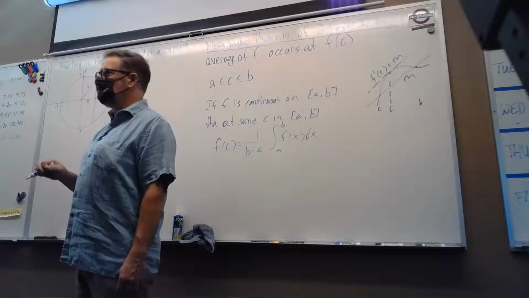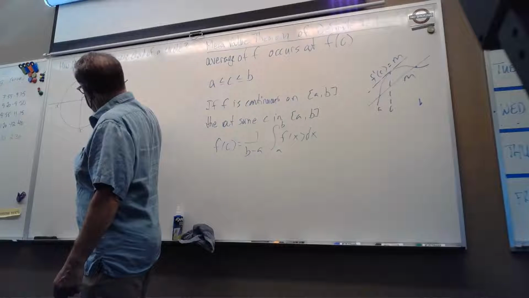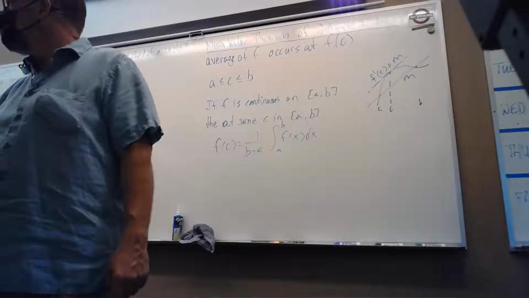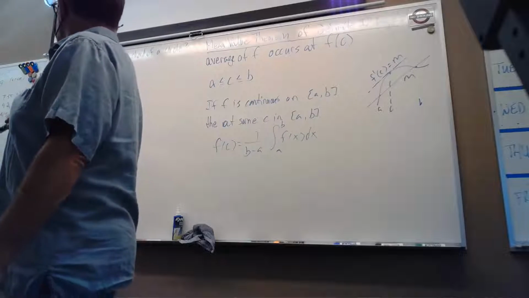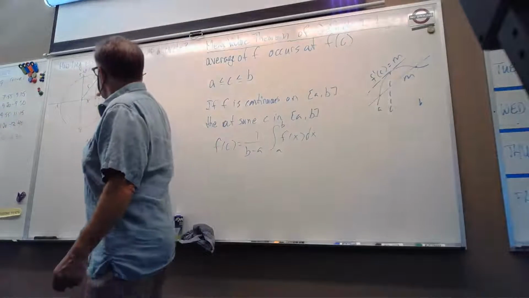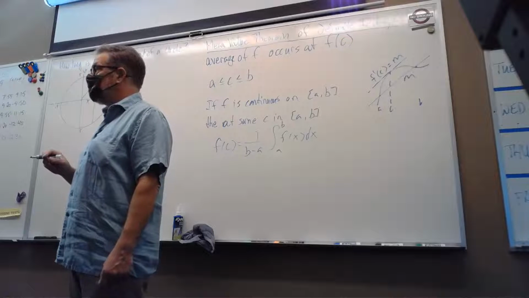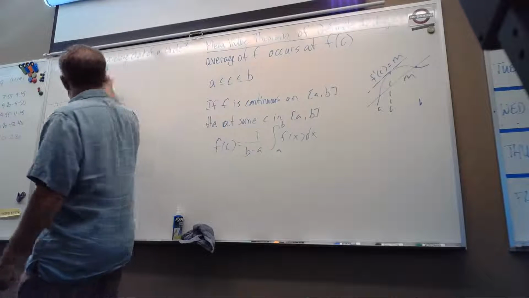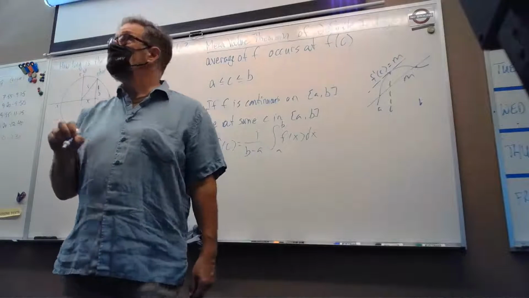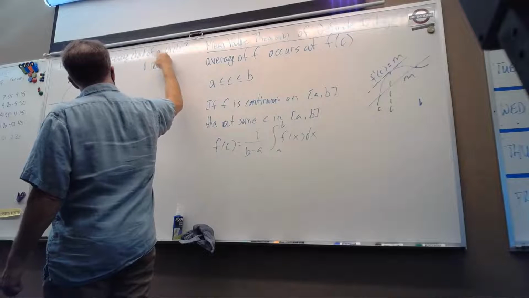How far is it from here to here, keeping in mind what we're trying to find, which is the length of the chord? How long is that distance? Half the length of the chord. So I'm going to call that L over 2. And we'll define length of chord as L.